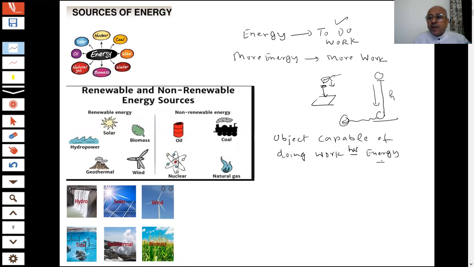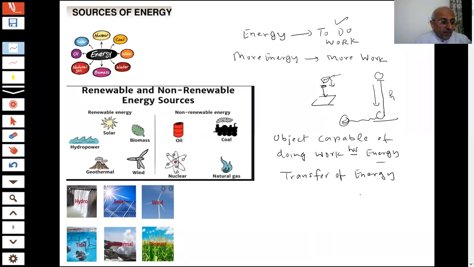Unless energy is there, work cannot be done. So that means, for the types of energies we are talking about, energy can be transferred from one to another, students. There can be transfer of energy. Transfer of energy, student.